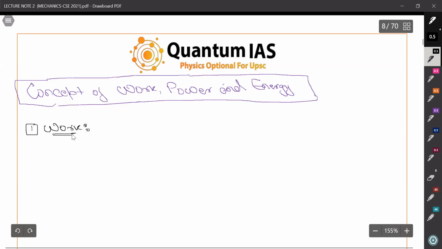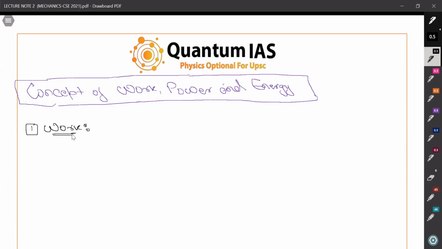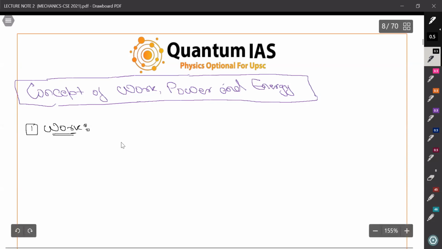One thing, when you are writing UPSC examination, you need to be very specific with your definitions and physical significance. So you should work upon that also. So work can be defined as, it's a mathematical concept. Work is truly a mathematical concept. Try to understand it.